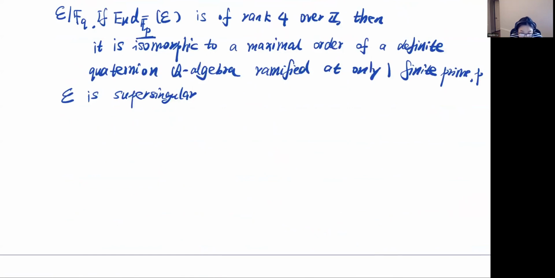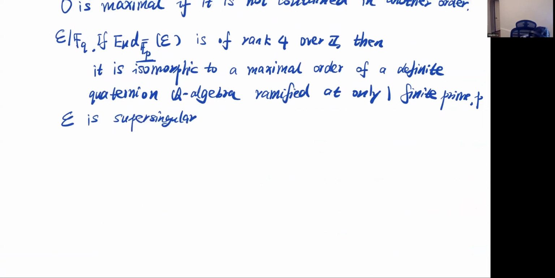Well, let's talk a little bit more about what this definite quaternion algebra B looks like if I have a supersingular elliptic curve E. This requires us to talk about this quaternion algebra B, which is ramified at p.